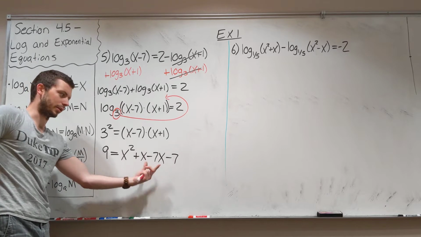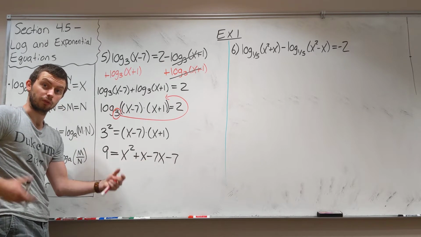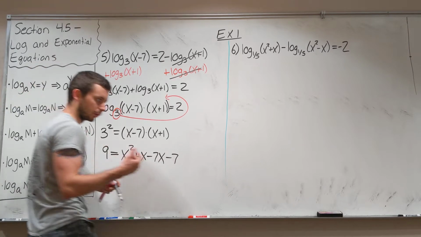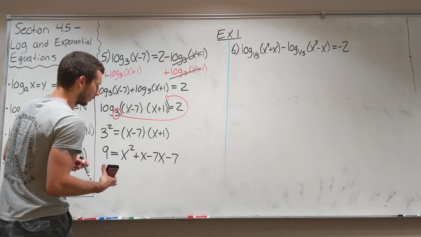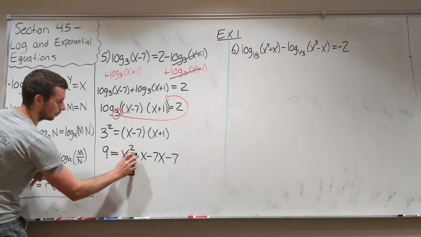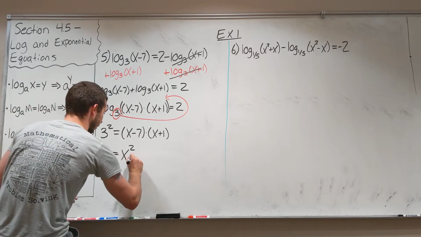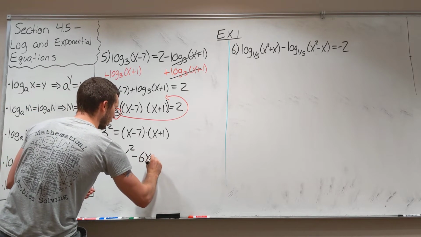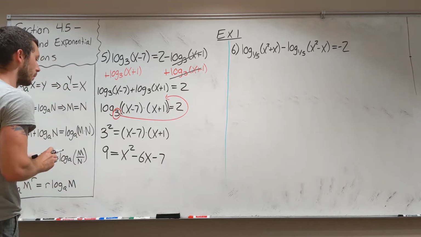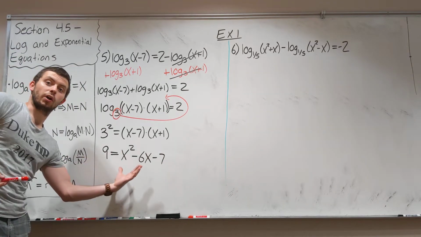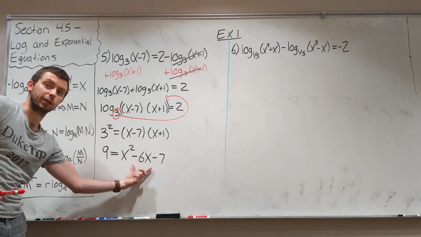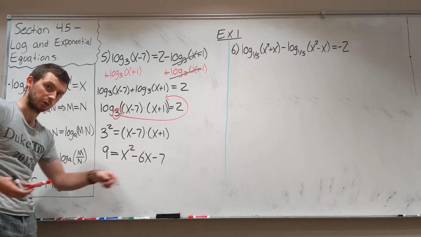And you might notice the x and minus 7x, those are like terms. We can go ahead and combine those as negative 6x. We have a minus 7 here. This is a quadratic form, but we do need to set it equal to 0, so we have to bring the 9 over.